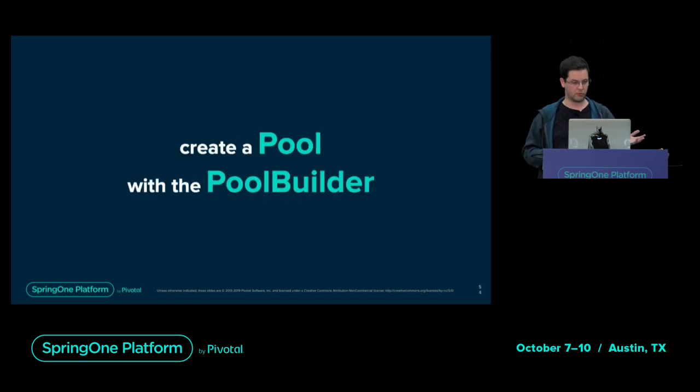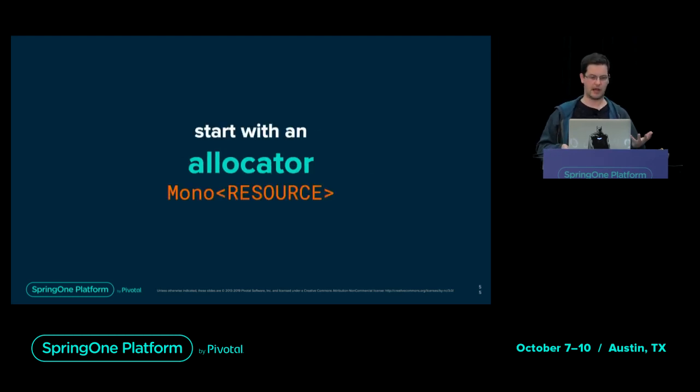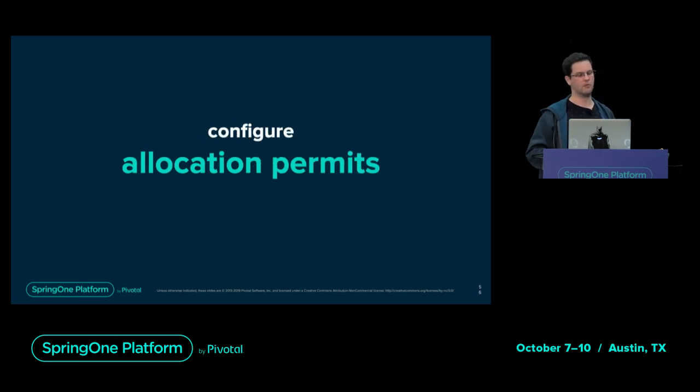You create a pool with a pool builder. You start with an allocator. It's a Mono that produces a resource every time it's invoked. You configure what we call allocation permits, which is basically the limit of the number of objects that you can create through the pool.